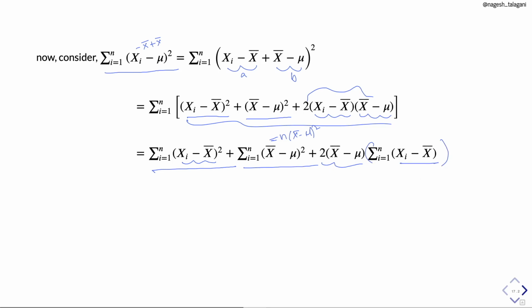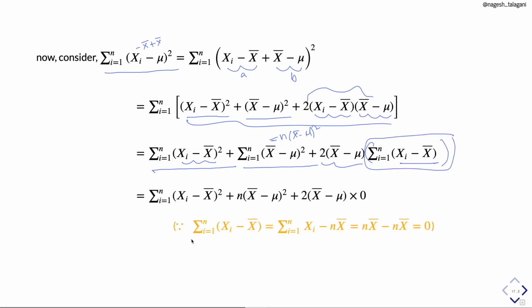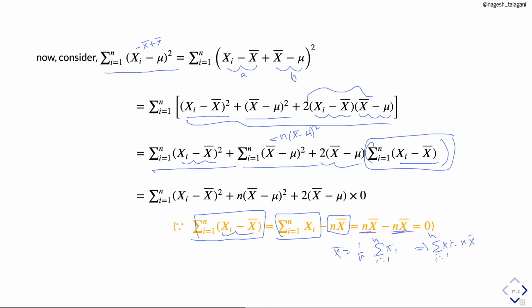Next we realize that this sum is going to be 0, because summation xi minus x bar is summation xi minus n x bar, and we know that x bar is 1 by n summation xi. That implies the summation of xi from i equal to 1 to n is n x bar. So we have n x bar minus n x bar, that is 0.